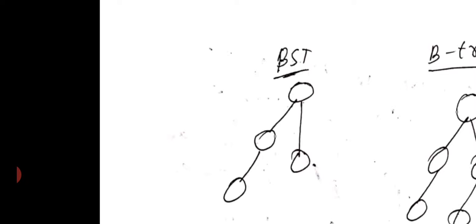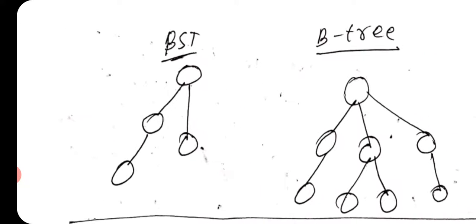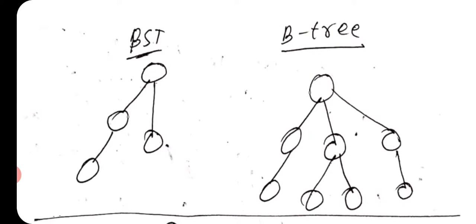So as I told in the last slide, each node in the B tree has more than two children. So observe the difference here, B tree and binary search tree. In BST, that is binary search tree, each node has at most two children, not more than two children. But whereas in B tree it may contain more than two children. So that is the first thing.